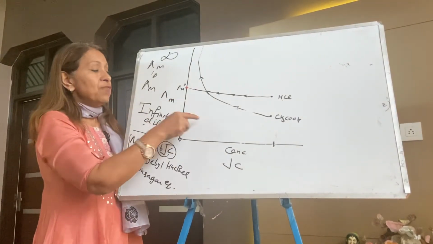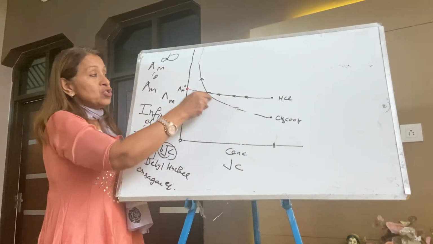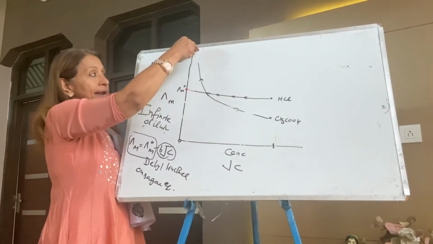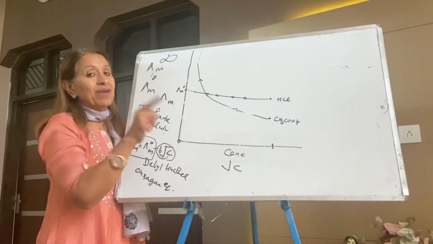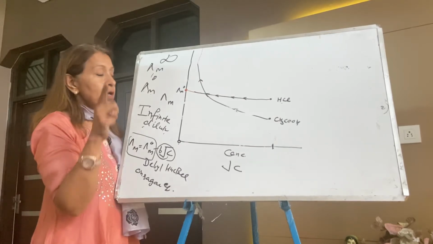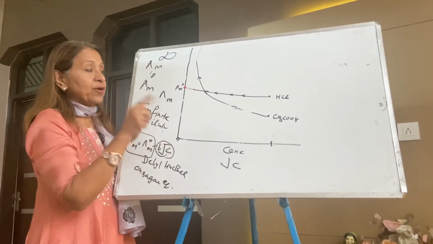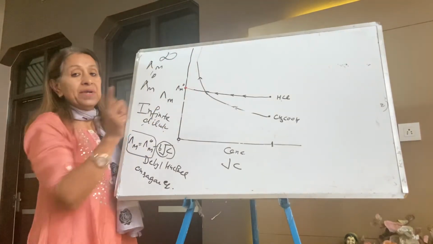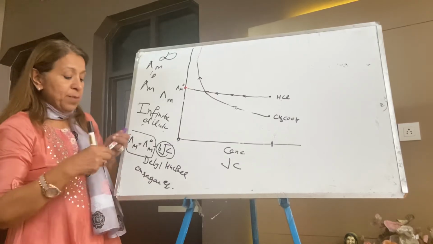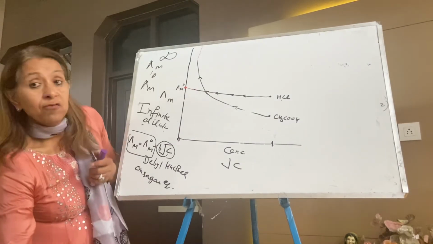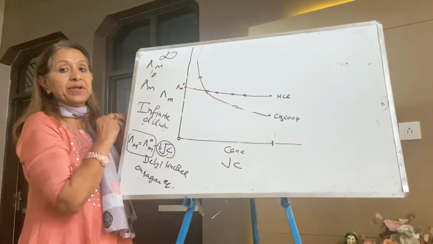Answer: this graph increases so sharply that even on extrapolation, it never meets the limiting value. After extrapolation of the curve of the weak electrolyte, it never meets the limiting value. But on extrapolation of the curve of the strong electrolyte, it at once meets the limiting value.